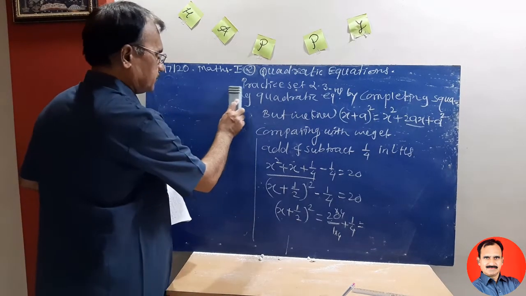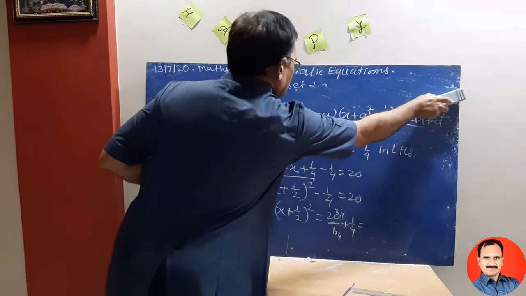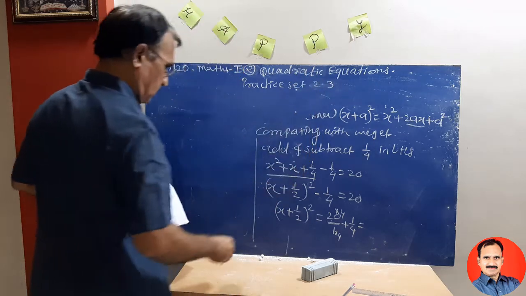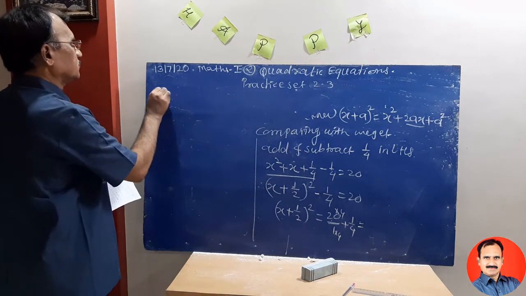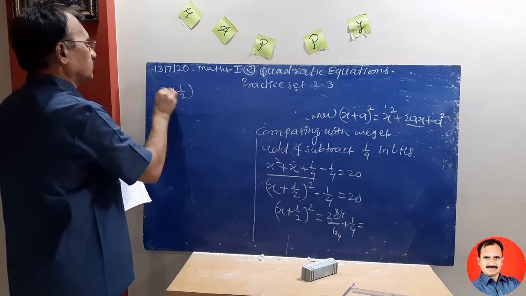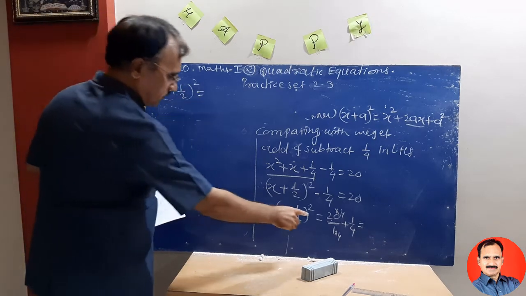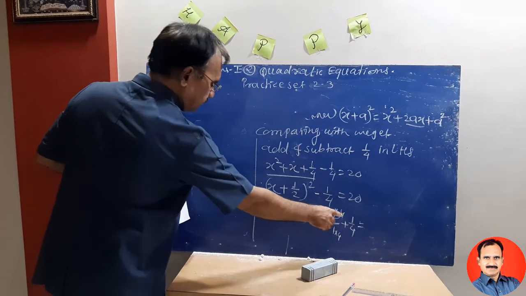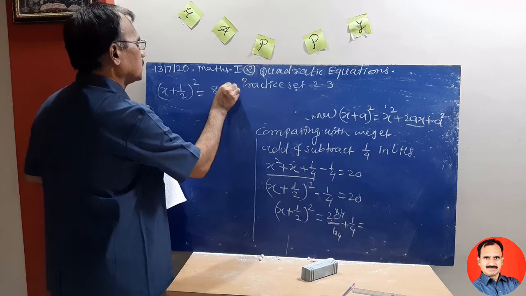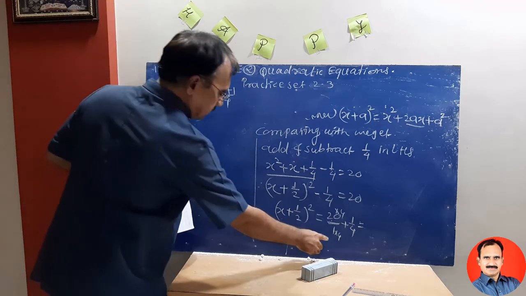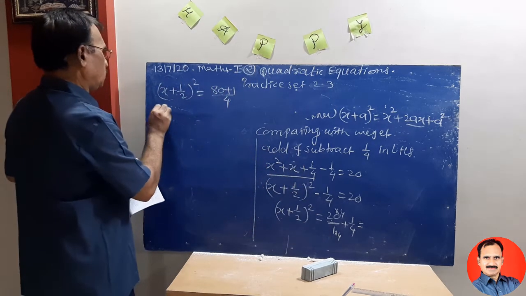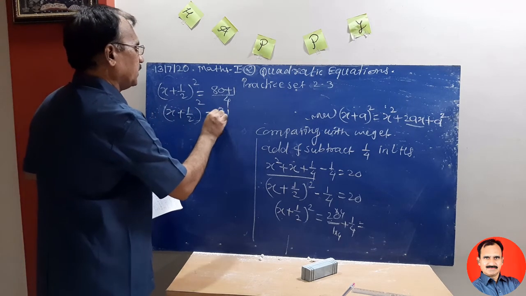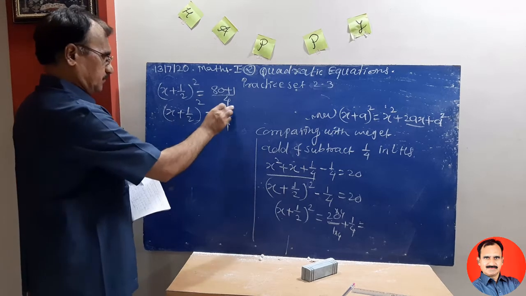Now see here, (x plus half) bracket square is equal to 4 twenties are 80 plus 1 upon 4. Therefore, (x plus 1 half) bracket square is equal to 81 upon 4.